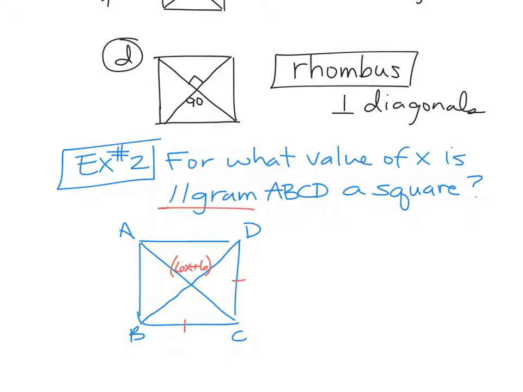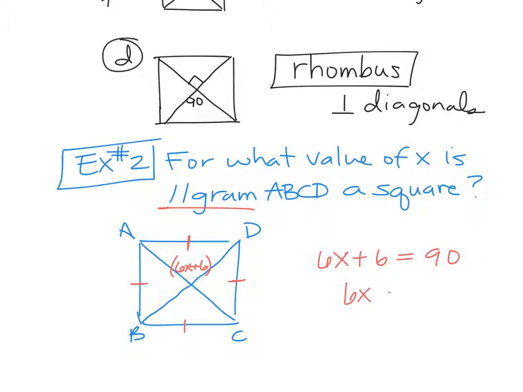If I want this to be a square, first of all, we know opposite sides in a parallelogram are congruent. So even though they only gave us 2, we know all 4 sides are congruent. What do we have to do with that 6x plus 6? It has to be set equal to 90 degrees. Right, it has to be 90 degrees if this is actually going to be a square because our diagonals have to be perpendicular, okay? So we would say 6x plus 6 equals 90, and then just solve that.